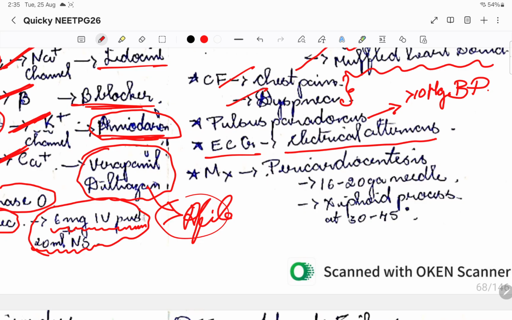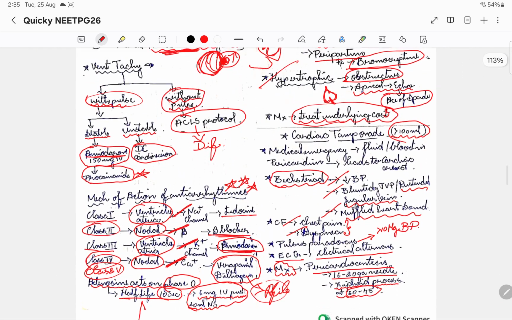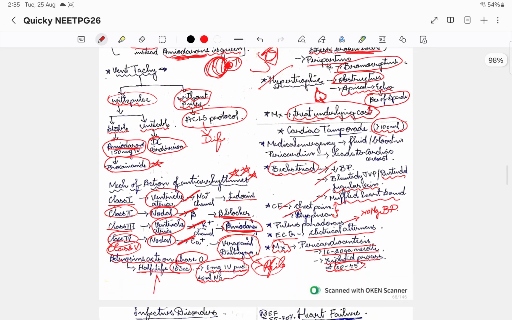How do we manage them? Mainly pericardiocentesis. We take a 16 or 20 gauge needle and insert it just below the xiphoid process at an angle of 30 to 45 degrees, then extract the fluid. This is known as pericardiocentesis, what we do for cardiac tamponade.